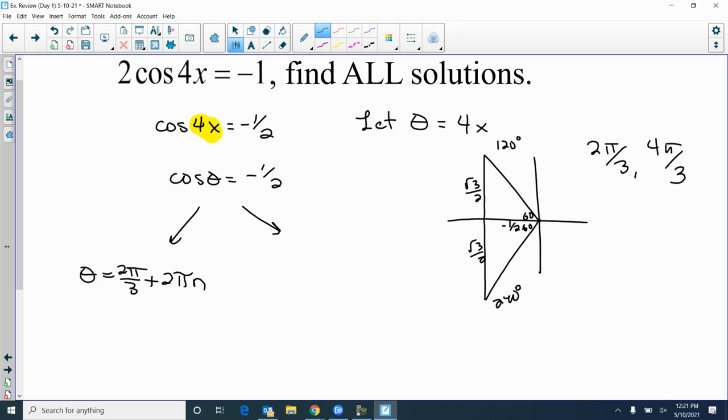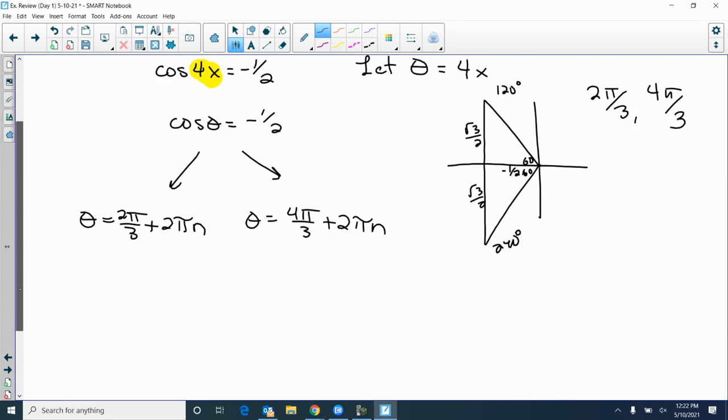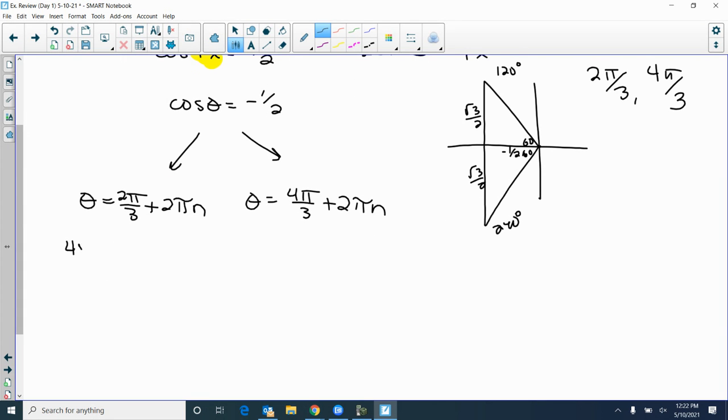And so theta also equals 4 pi over 3 plus 2 pi n. Now I'm going to take out the theta and put in 4x. And I'm going to take 4x equals 4 pi over 3 plus 2 pi n.